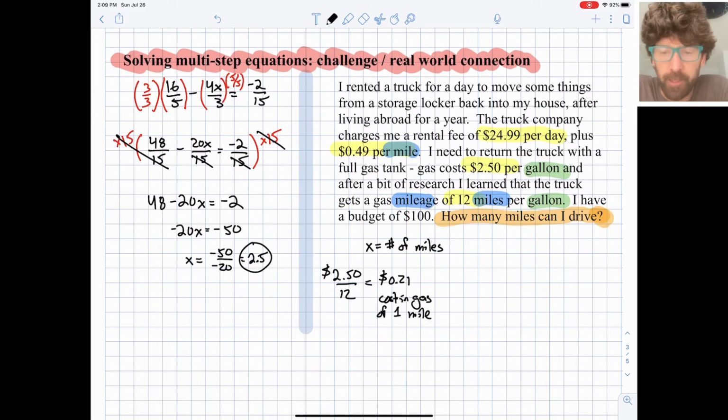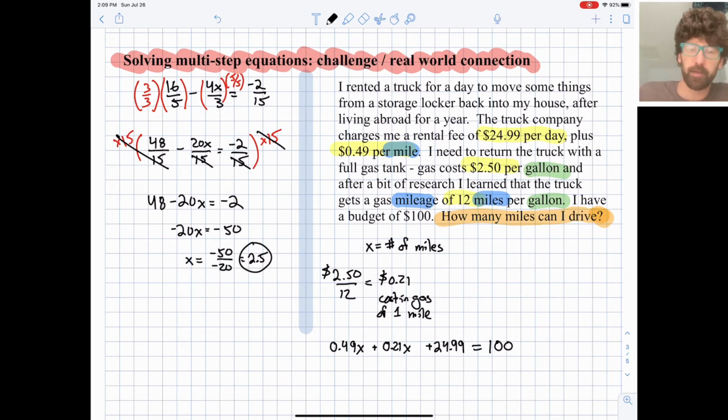Okay, and so looks like I can start writing out my equation right now. I know something is going to equal $100. That's my budget. I know I have a $24.99 flat fee that no matter what I have to pay. And then I have actually 2 different charges per mile. I have 49 cents per mile that the rental company charges me, and I have 21 cents per mile that I'll need to be paying in gas.